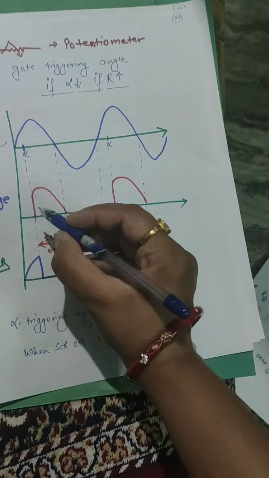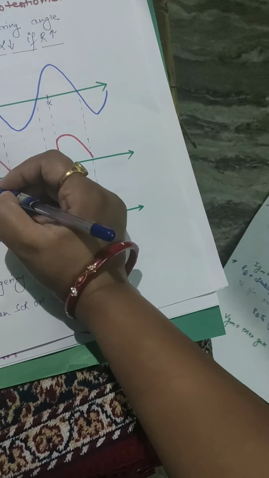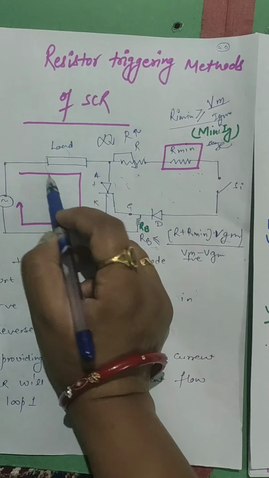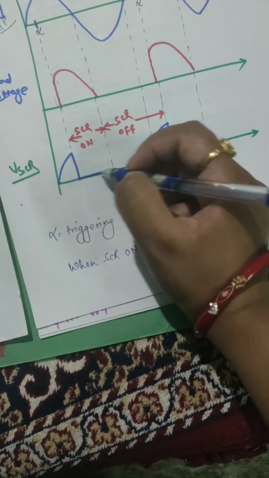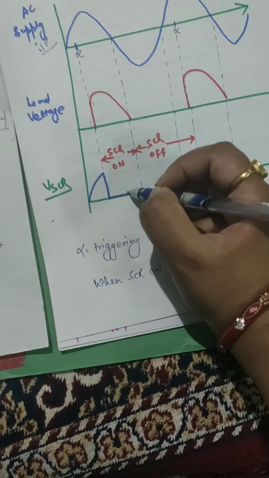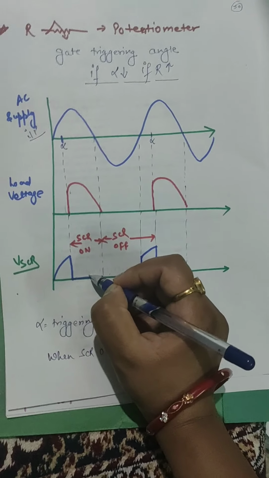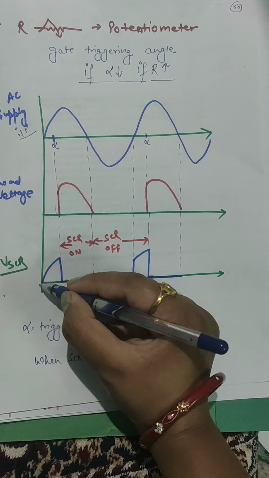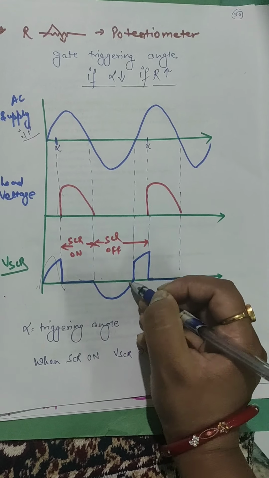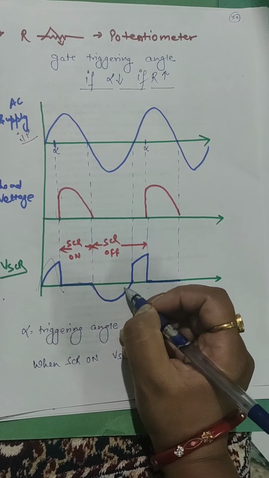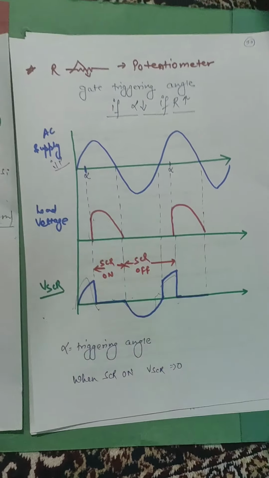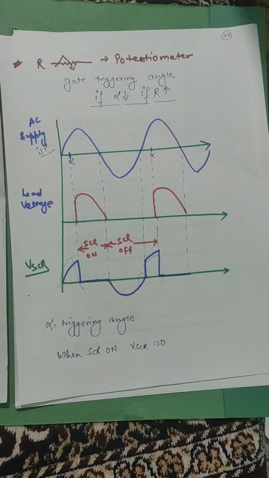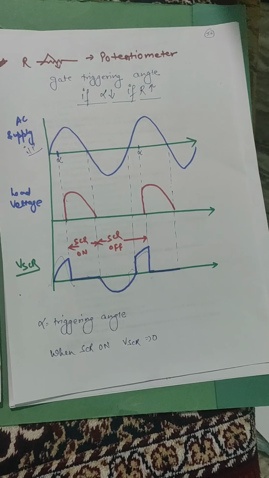When we get load voltage, the SCR will be on, so we are not able to get the VSCR. This is the waveform for the resistor triggering method of SCR.